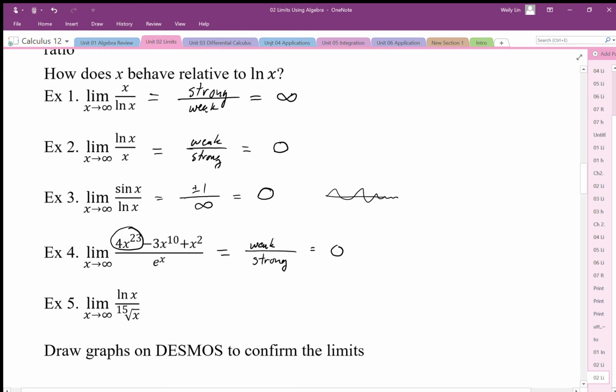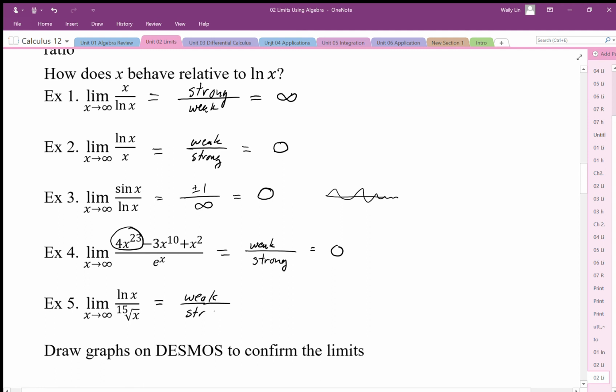Okay, and again, this is going to be the same thing, except now the log function is, although this is a really weak square root function, the log function is always going to be weaker. Okay, so although we have weak on bottom and weak on top, we have really weak on top and something that's a little bit stronger on the bottom.